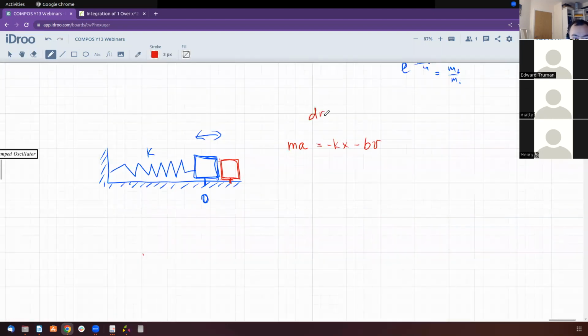So drag is equal to minus bv. Okay. And we can rewrite this: m x double dot, because acceleration is the second derivative of x, equals minus kx minus b x dot.